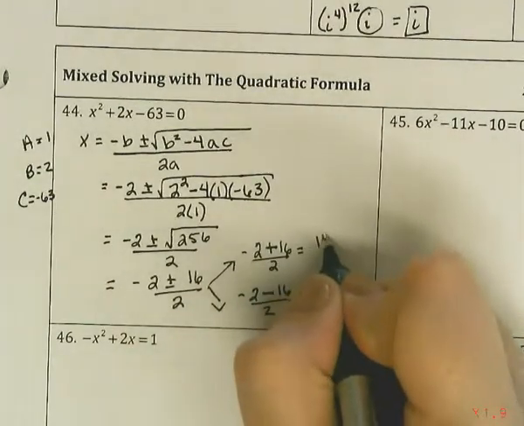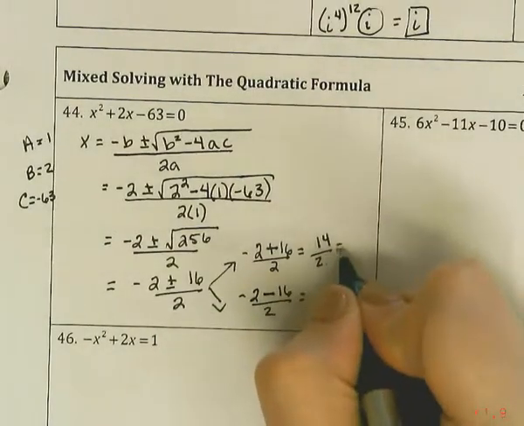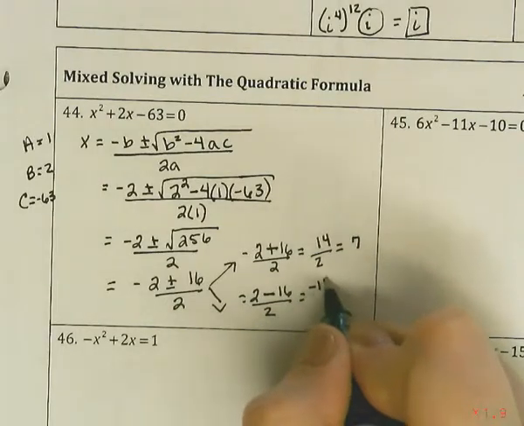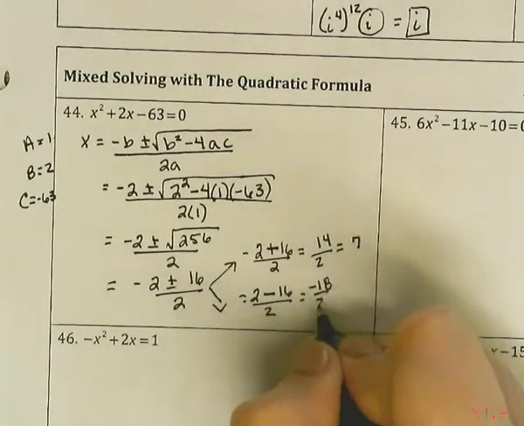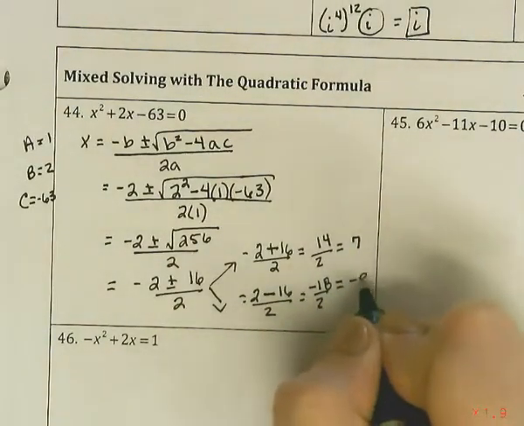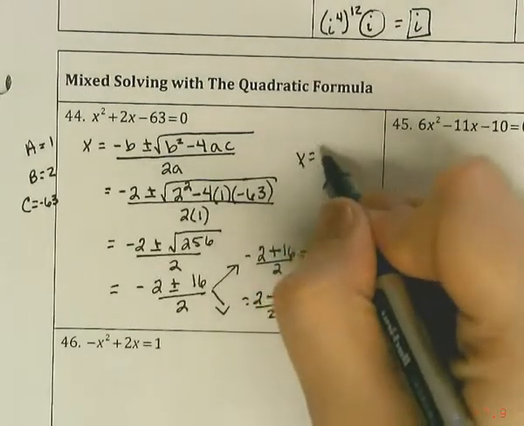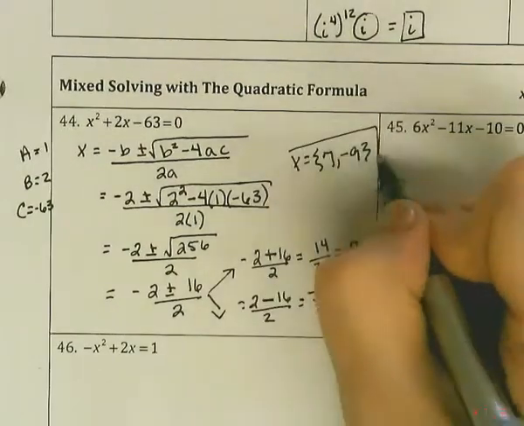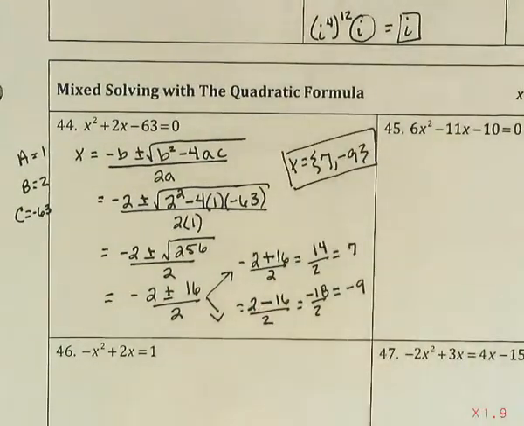Negative 2 plus 16 is 14 over 2. 14 divided by 2 is 7. Negative 2 minus 16 is negative 18 over 2, and negative 18 divided by 2 is negative 9. That tells me my solutions are 7, negative 9. I put them in squiggly brackets and I'm done.